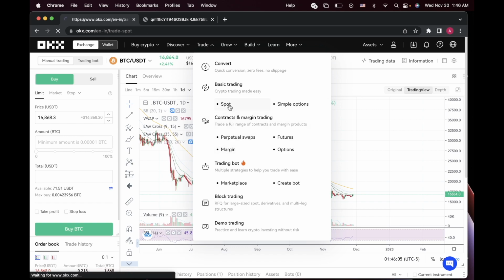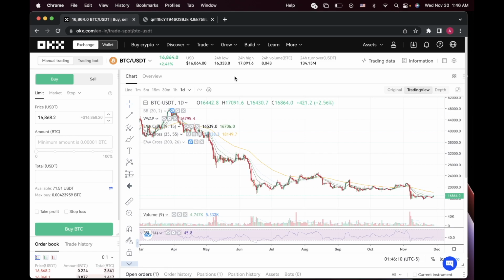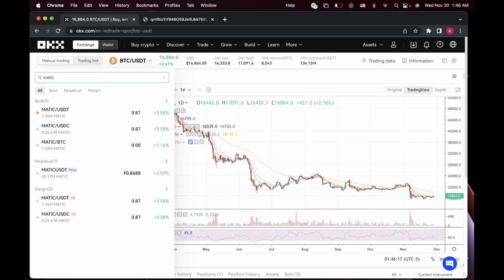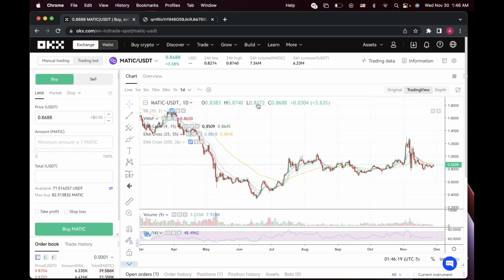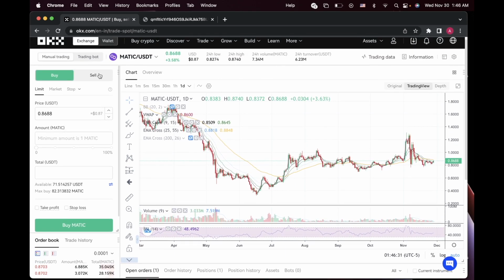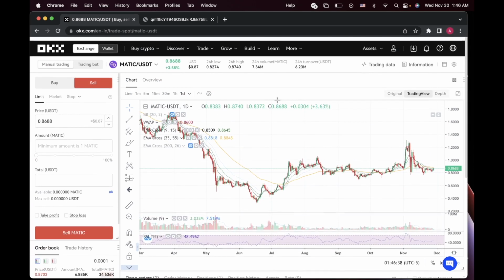In my case, I'm using spot if I need to buy some other tokens to hold them long term, and I have done this a couple of times with Matic. You can buy it without any leverage. You won't see any position. If I try to sell it, I really sell it, and I won't see any position.